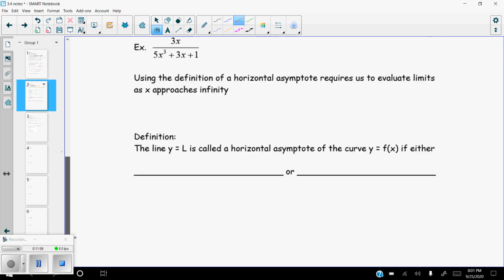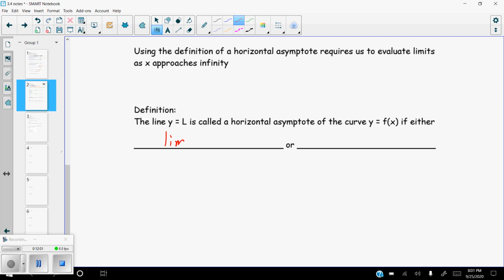Either the limit as x approaches infinity of f of x equals L, or the limit as x approaches negative infinity of f of x equals L. And remember, L is just some y value. It's a number. It's got to be an actual number. It cannot be infinity. It's got to be a finite value. So basically, as x goes to infinity or negative infinity for our function, if we get an actual number, we have a horizontal asymptote there. That's exactly what that's saying.